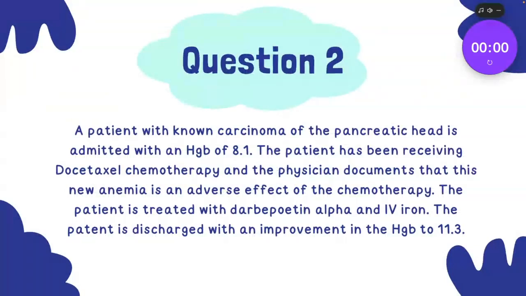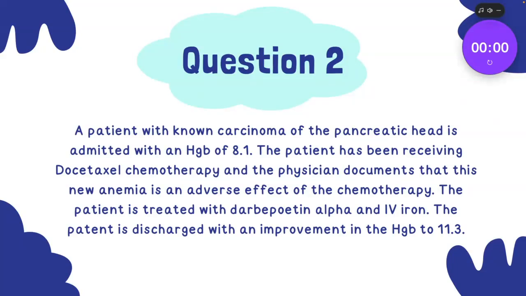So we have a patient with a known carcinoma of the pancreatic head, admitted with a hemoglobin of 8.1. Let me just call out again: knowing normal and abnormal laboratory values is important. On the CCS exam, you are expected to query.